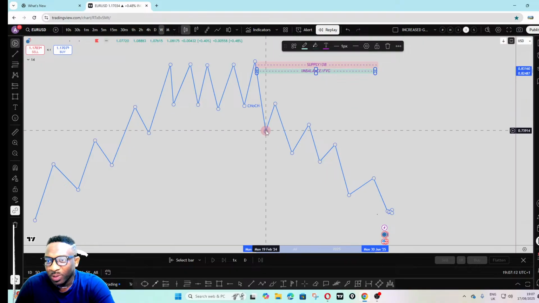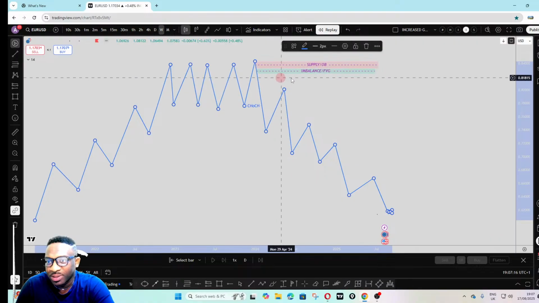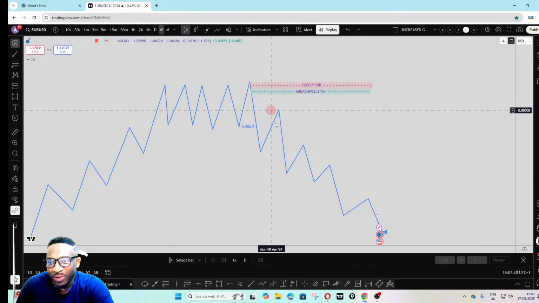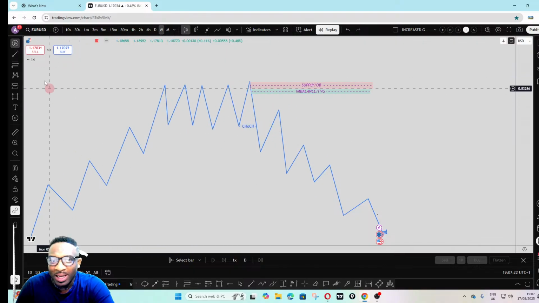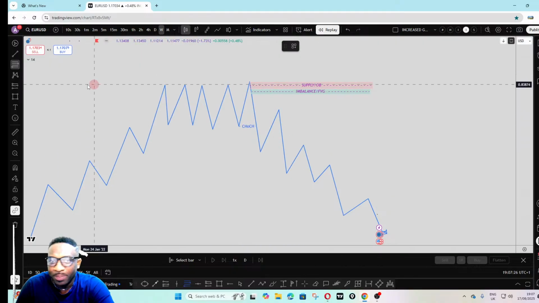With that, what we want to see is price making its way back to this area. One thing we can use to make it much clearer is the Fibonacci retracement tool.